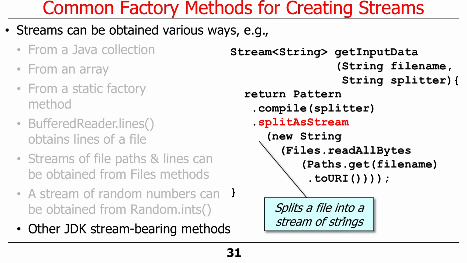So we're going to read all the bytes in a file, and give back a new string that contains all the bytes, and then we're going to pass in a splitter, which is our regular expression, and this will return a stream of strings, taking the string that's passed here as the parameter, which contains all the bytes in the file, and turning that into a stream split by the regular expression.